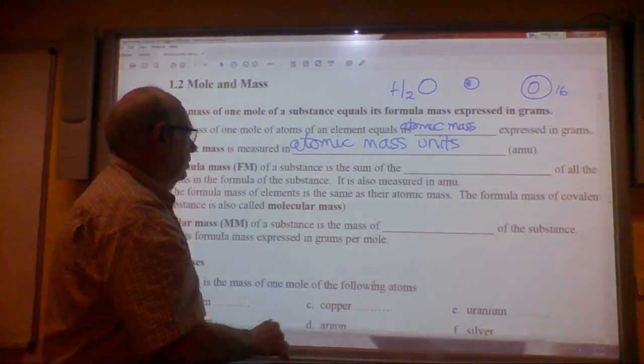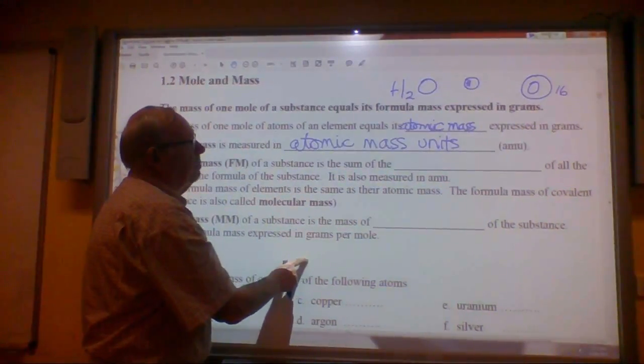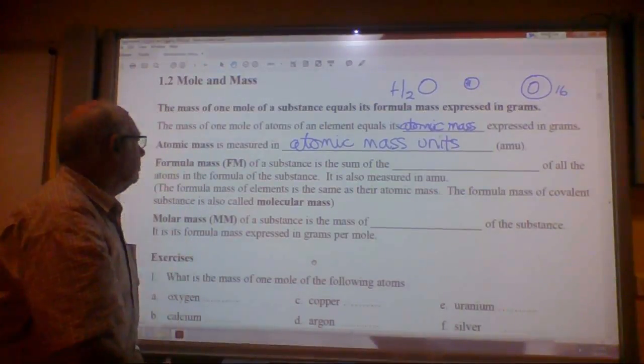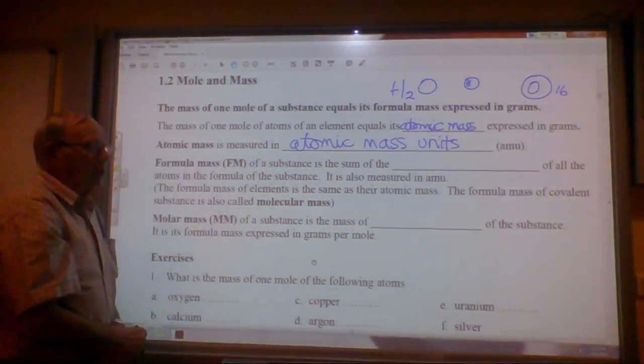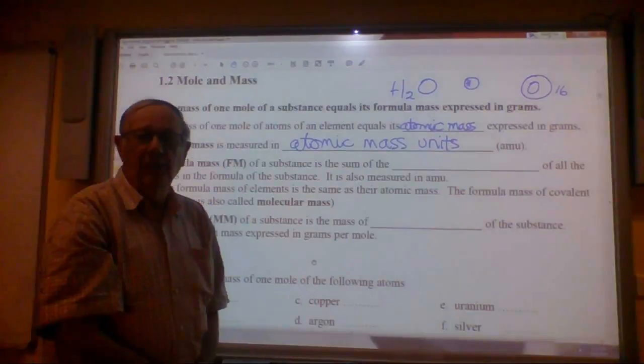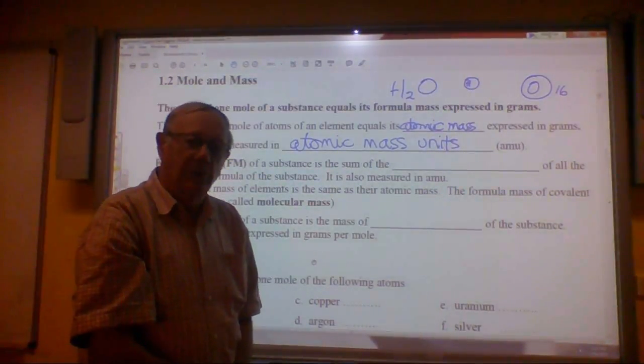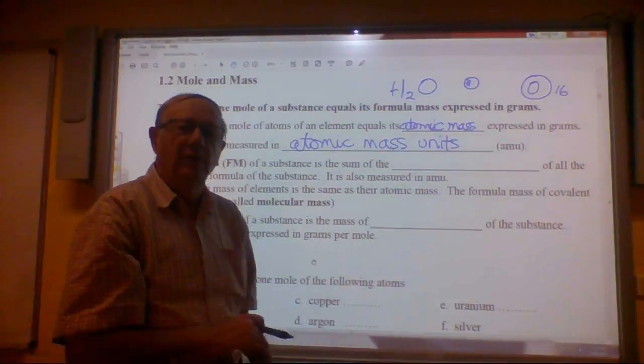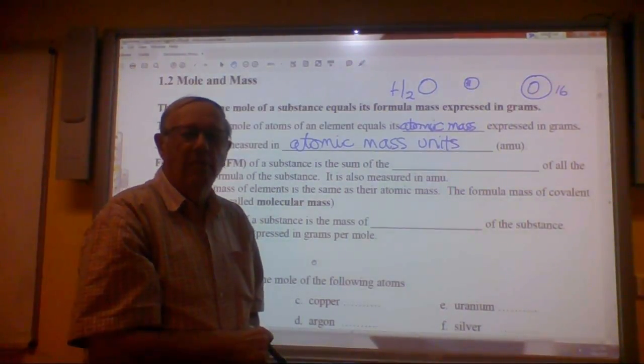The scale is atomic mass units, not grams. But what we do then is we take that formula and we say, okay, we'll make that grams, and then that becomes the mass of 1 mole.